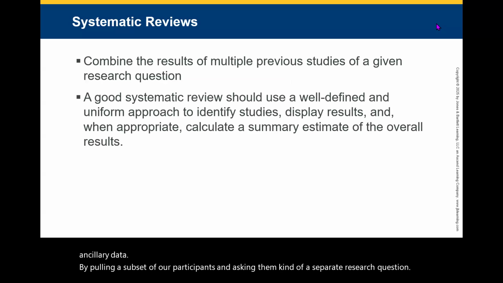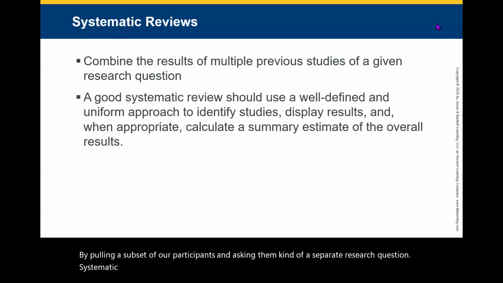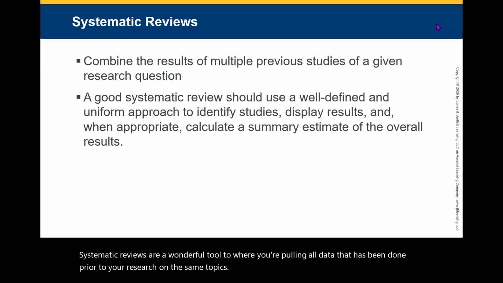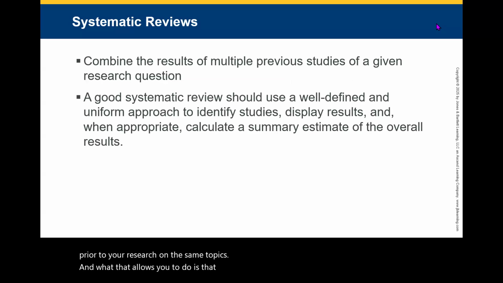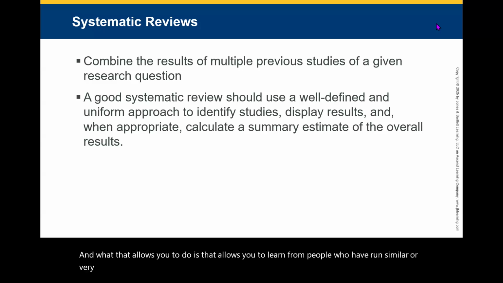Systematic reviews are a wonderful tool where you're pulling all data that has been done prior to your research on the same topics. And that allows you to learn from people who have run similar or very similar studies. Okay, so it allows us to understand the target population better.